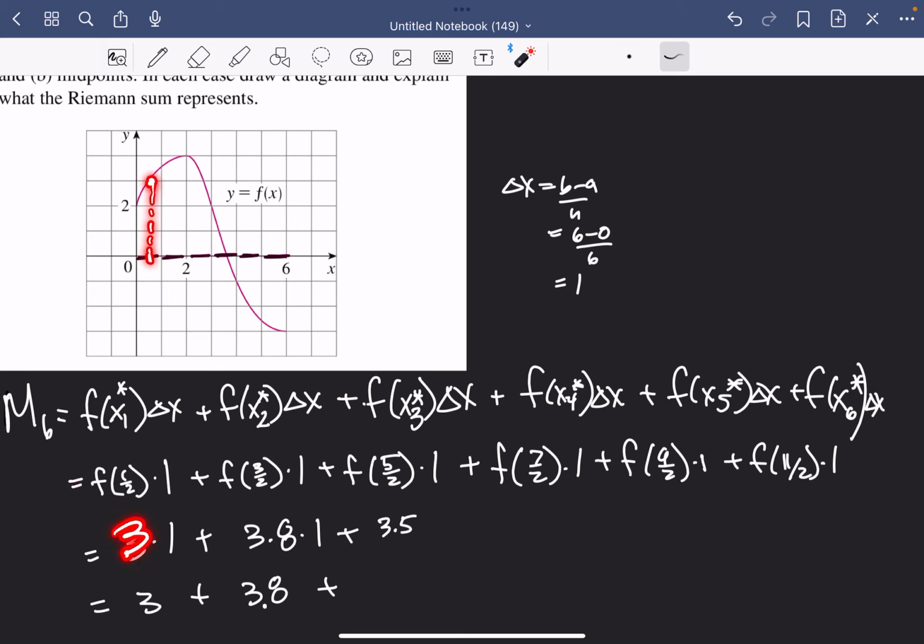That's where this 3 came from. Inside the second interval, which is here, if you look at its midpoint and go up, that point right there has a height of about 3.8. And that's where this 3.8 came from. Then if we look at 2.5, which is right here, and we go up like that, that's where we get our 3.5, which is the 3.5 we have right here.